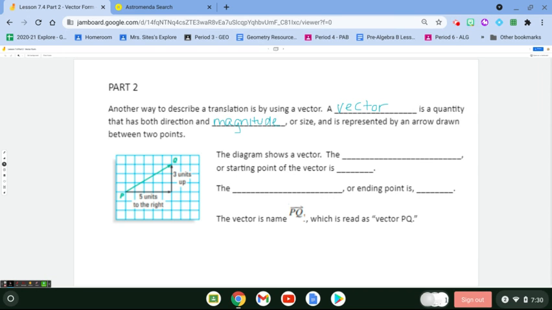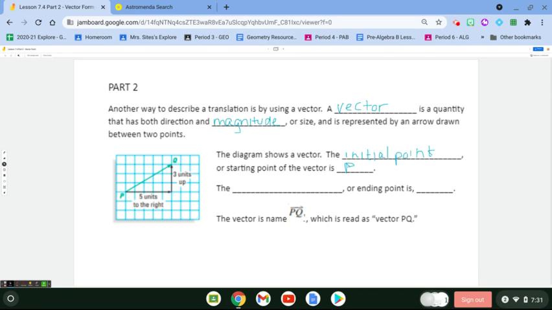The diagram shown is a vector. The initial point, or starting point, of the vector is P. It's kind of like a ray, and you have to be really specific about where your starting point is and where your ending point is, so they don't work in both ways.